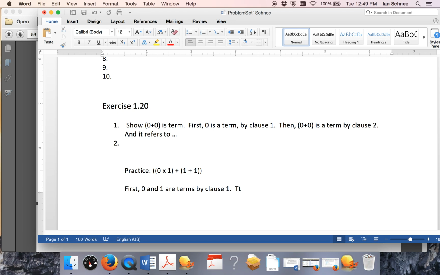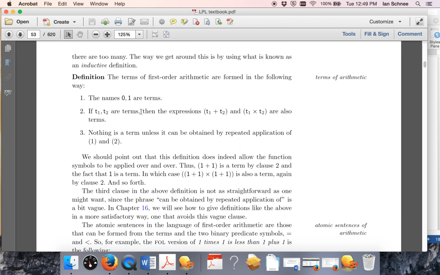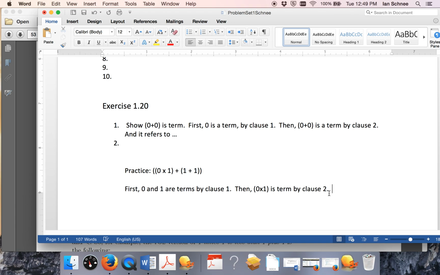So then I could say then 0 times 1 is a term by clause 2. Now how do I get that? Because remember clause 2 says, hey, if you have two things that are terms, then you can do one of them times the other one. Well, I established 0 and 1 are terms, so then I can do 0 times 1 is a term by clause 2.